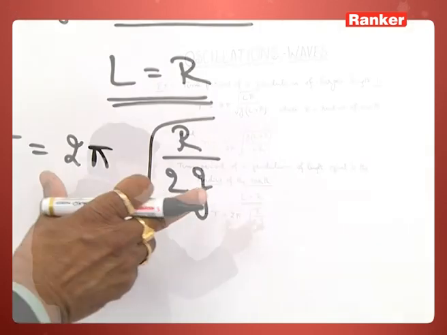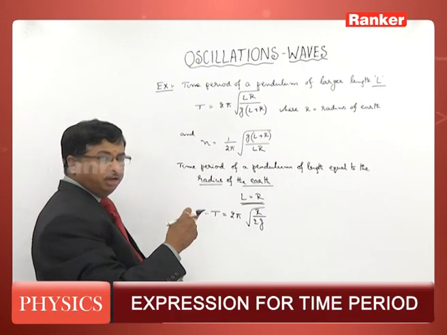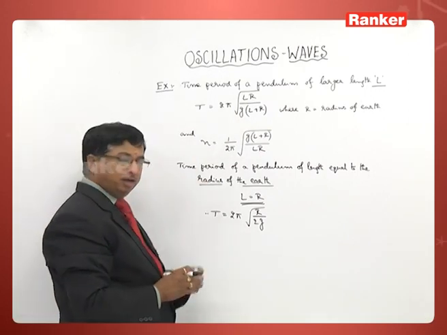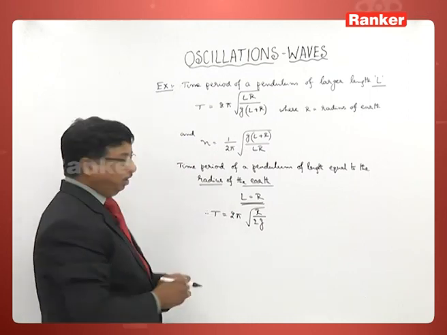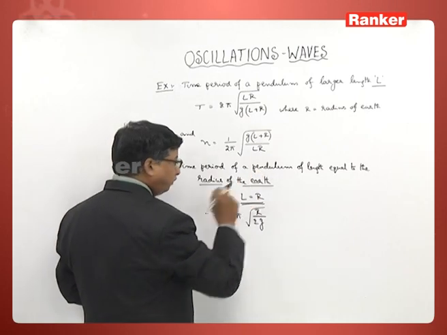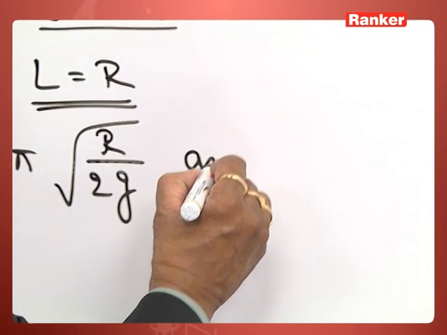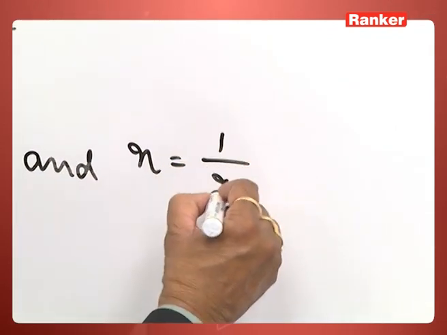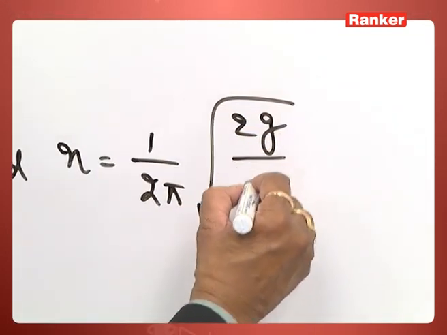So, what is the corresponding formula for time period? 2 pi root R by G we have already discussed earlier, when the length is infinite. But here length is equal to radius of the earth, so 2 pi root R by 2G, and in the same manner I can consider the frequency as 1 by 2 pi under root 2G by R.